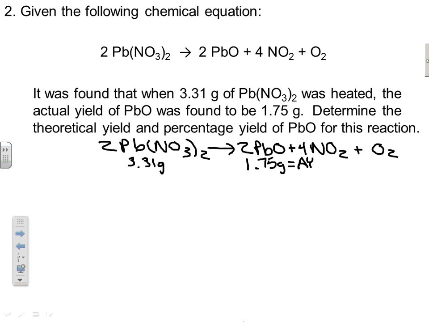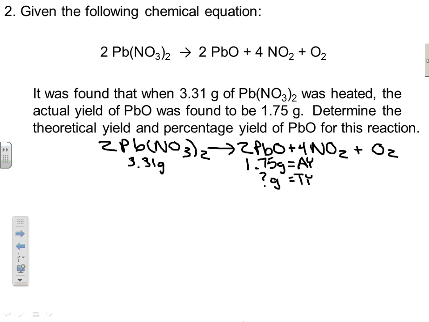Now, in order to calculate a percentage yield, I need to find how much of this would be predicted through calculation, which means when they give you the actual yield, underneath it I'm going to put question mark grams equals theoretical yield, T yield.